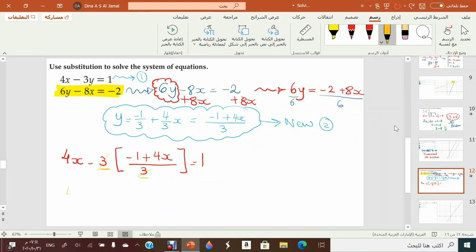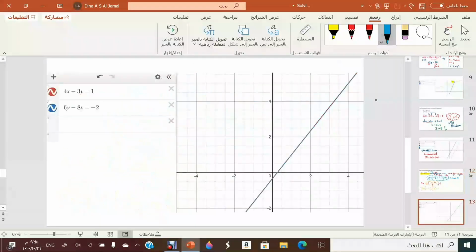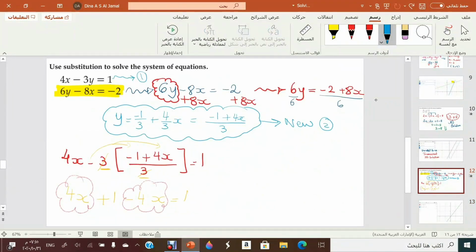So it will be giving you 4x, then minus whatever you are having here, so it will be plus 1 minus 4x equal to 1. Now let's look at the like terms. 4x minus 4x, and these will be opposite to each other, so it will be cancelling each other. So it will be giving you 0 here plus 1, so 1 is equal to 1.